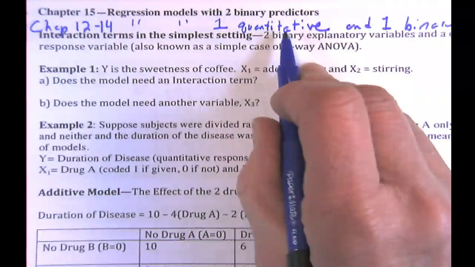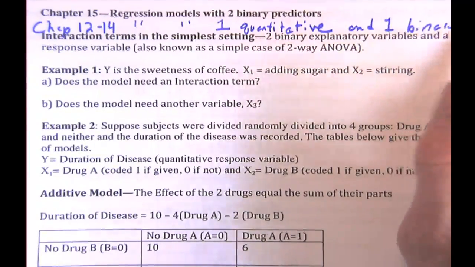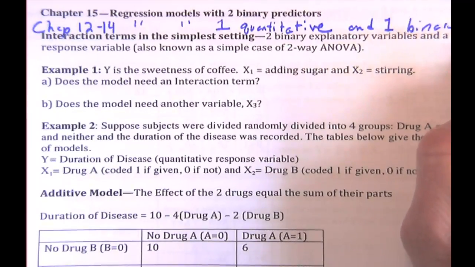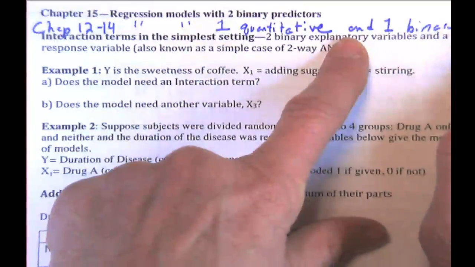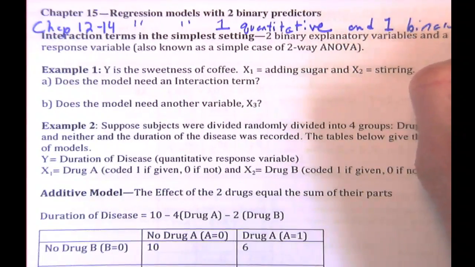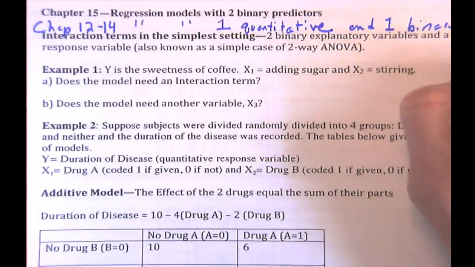Height was quantitative, the type of sport was binary, predicting what? Those were predicting a quantitative variable, weight. So we had this predicting a quantitative.